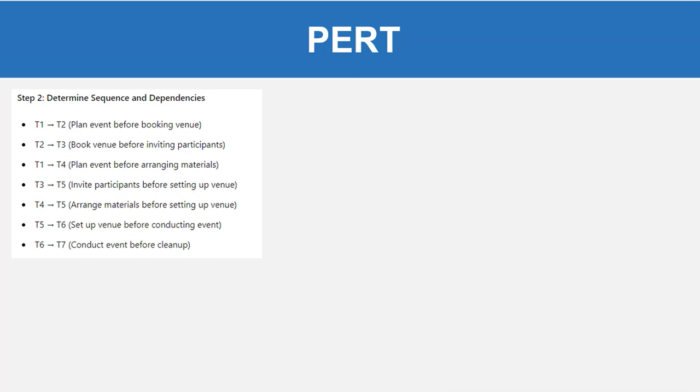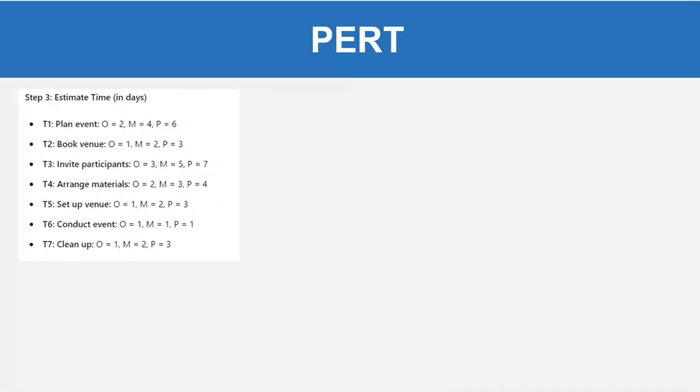Task 5 is dependent on task 3, which means invite participants before setting up the venue. Task 5 is also dependent on task 4, which means arrange materials before setting up the venue. Task 6 is dependent on task 5, which means set up the venue before conducting the event. Task 7 is dependent on task 6, which means conduct the event before cleanup.